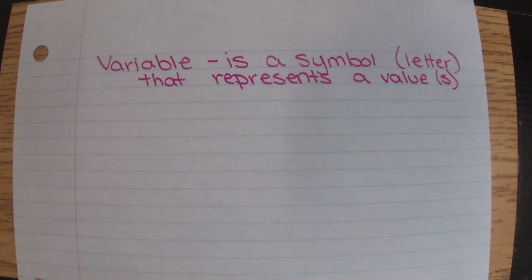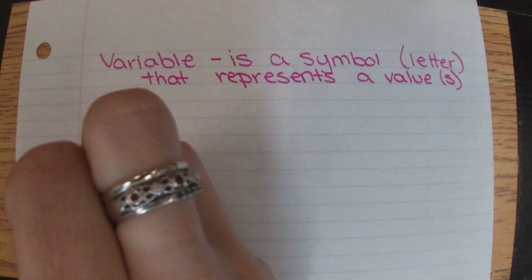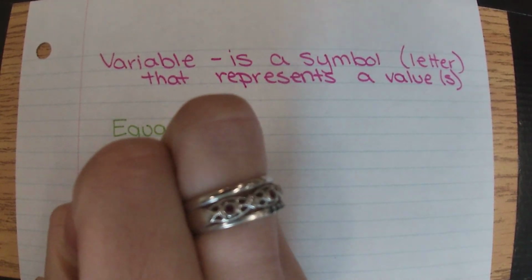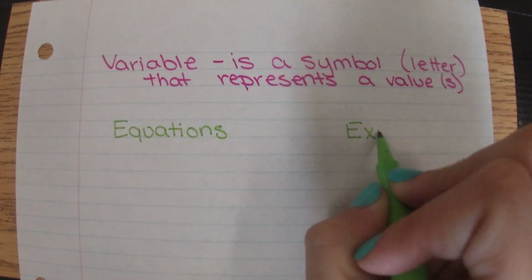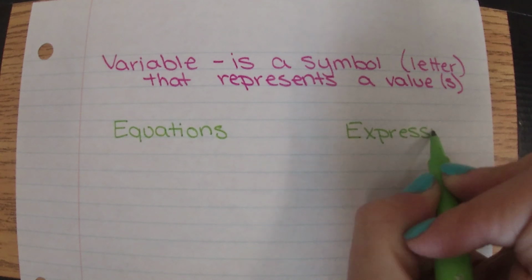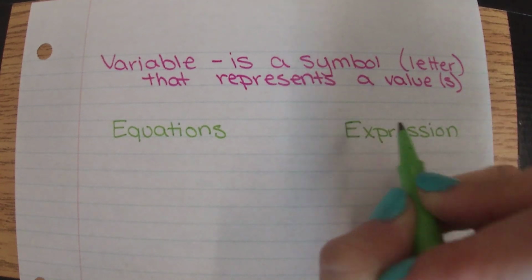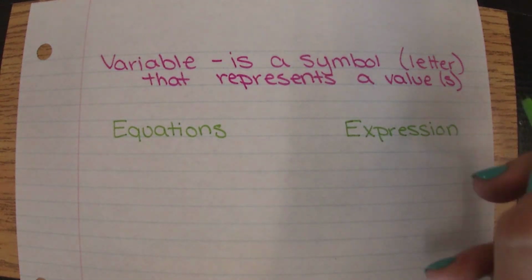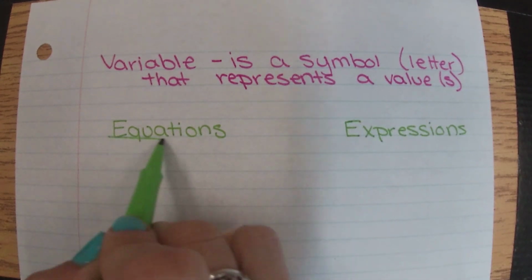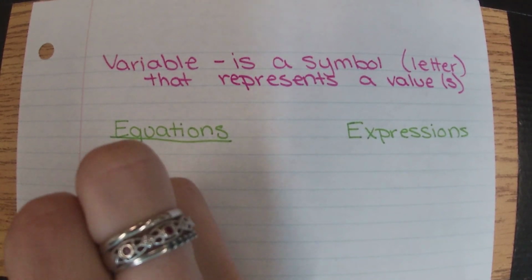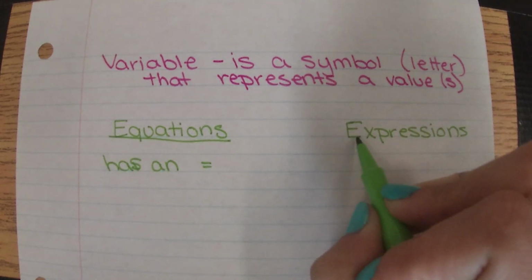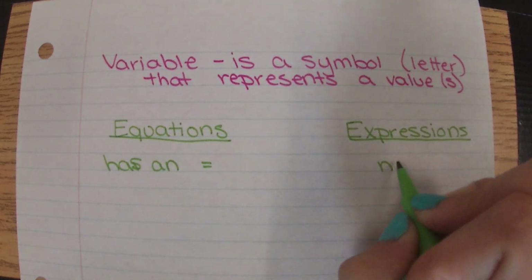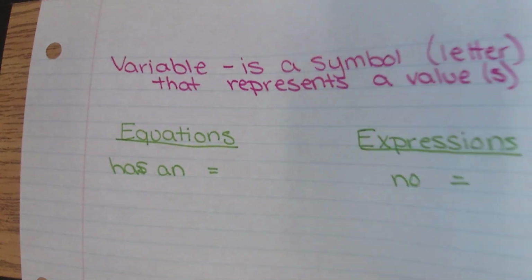Okay, and then we use those variables within things that we call equations or expressions. So when we're talking about an equation, we're talking about something that does have an equal sign, whereas when we're talking about an expression, there's no equal sign.